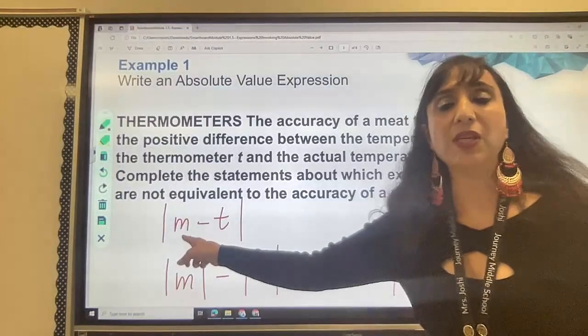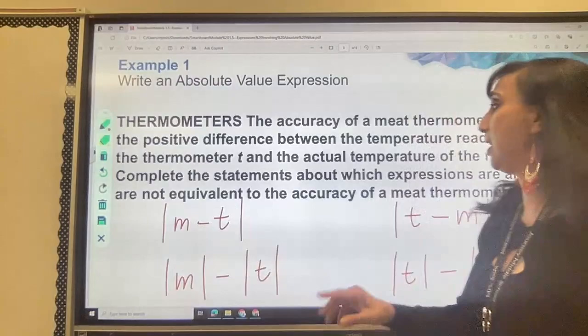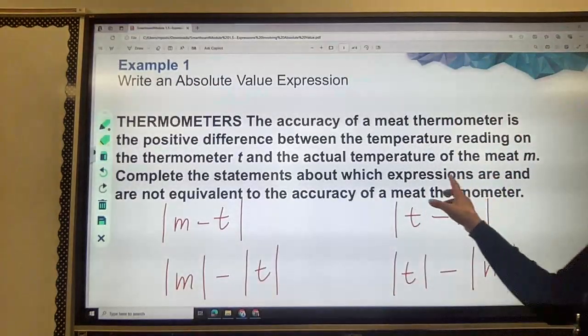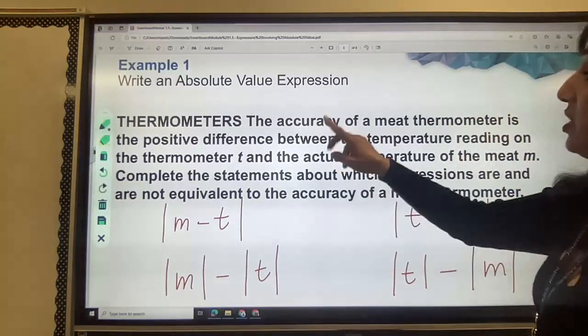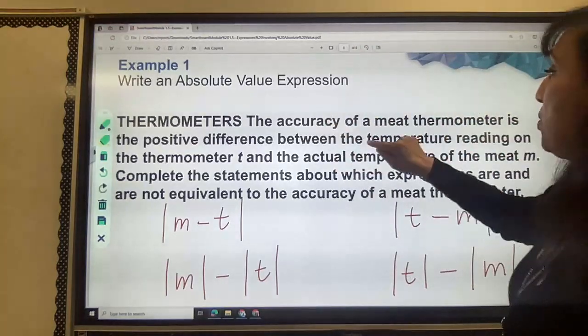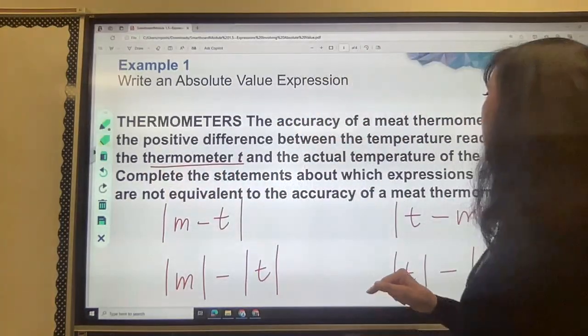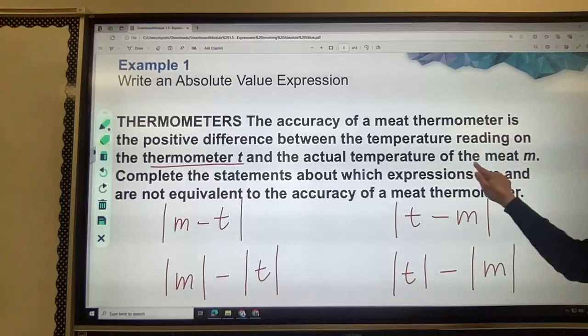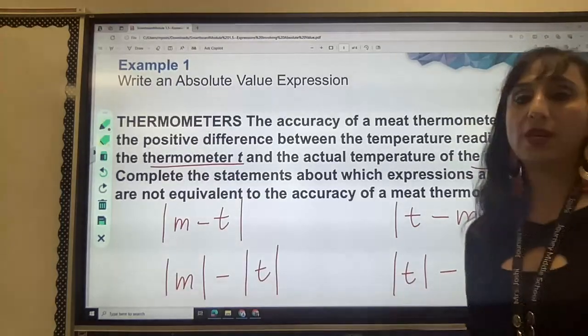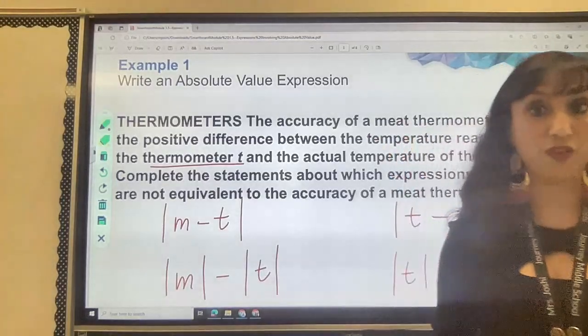We have the absolute value of M minus T. Now let's look over here. What did it say? The positive difference between the temperature reading on the thermometer, which is T, and the actual temperature of the meat, which is M. So we're looking at the positive difference.